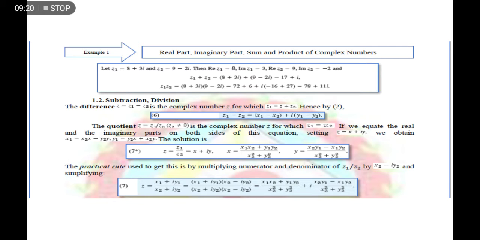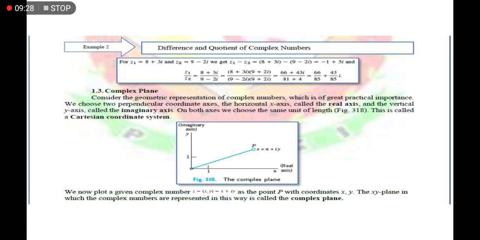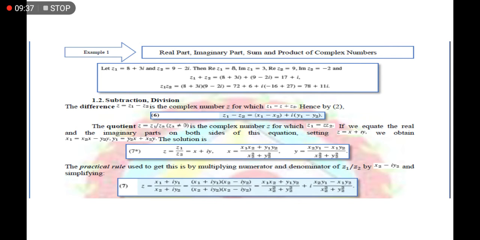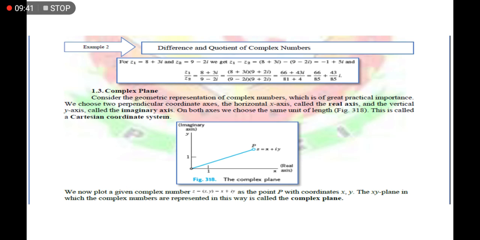Then for the imaginary part naman, we have x2 y1 minus x1 y2 over x2 squared plus y2 squared. Okay? And of course, we have here an example, so you may just have to read that one using this method here that is being represented.